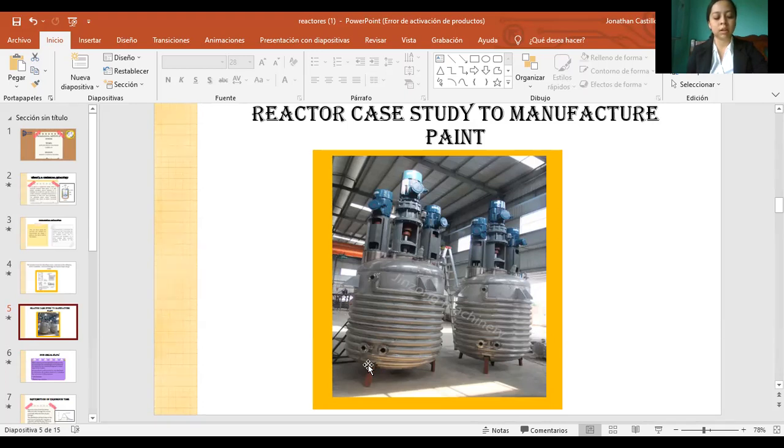There are several zones where the paint mixture is not well mixed.